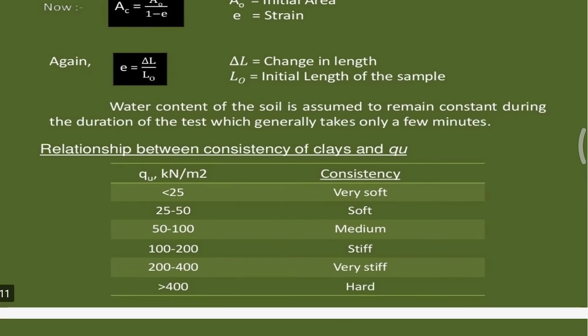Here you can see the relation between consistency of clays and compressive strength. On the left side, unconfined compressive strength in kilonewton per meter square is given, and on the right side is consistency.